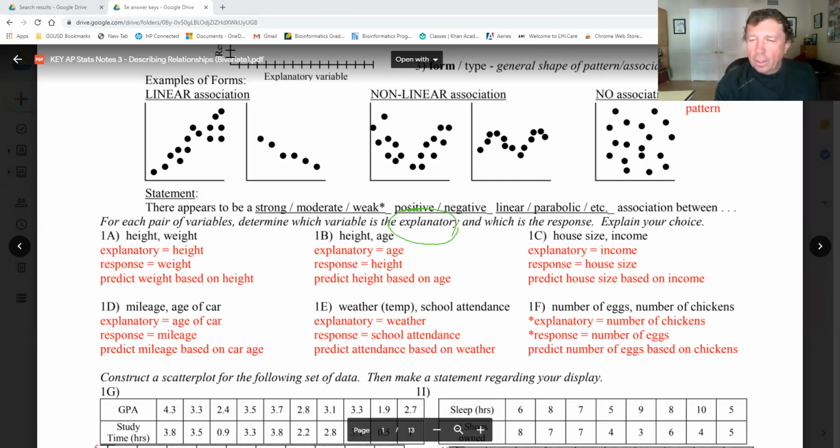X, y, okay? Height and weight, wow. Most people think of height as the x and weight as the y. The taller you are, the more you weigh. That's typically how people think.